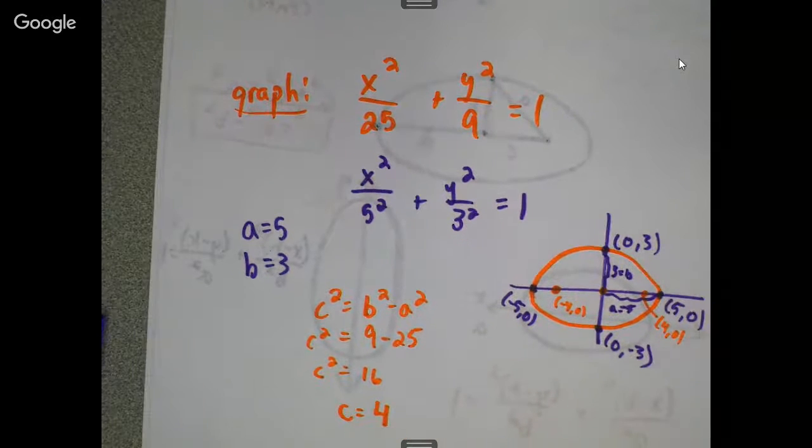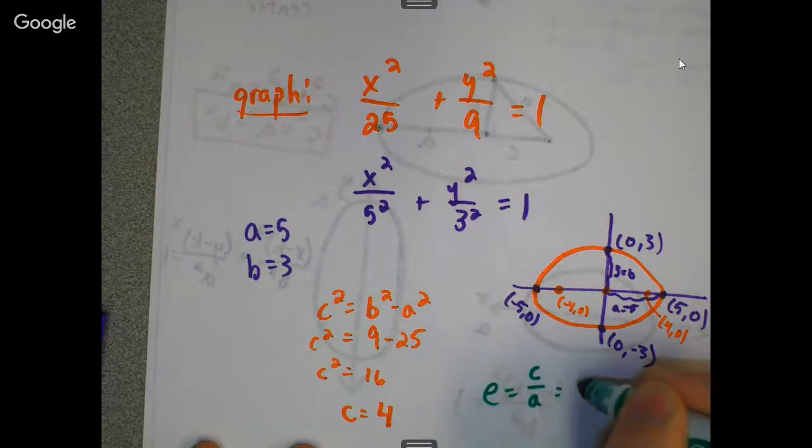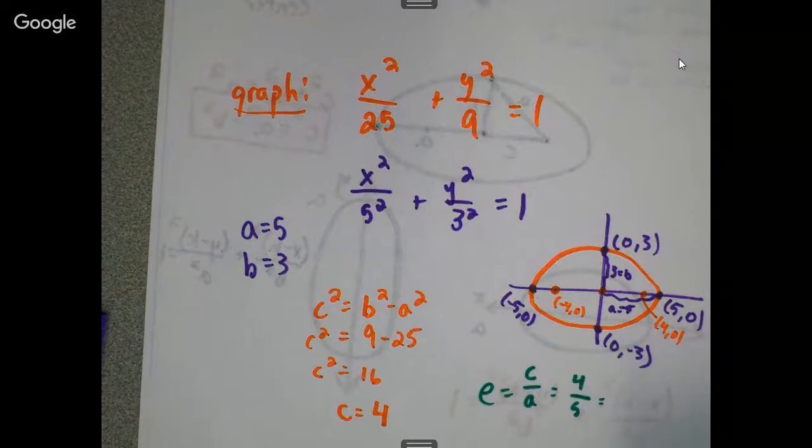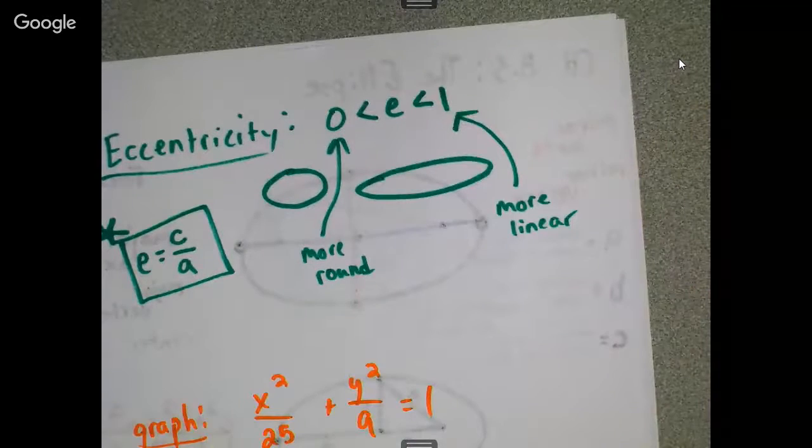So eccentricity, which was the E, so E equals C over A, which is 4 over 5. So 4/5. That's pretty close to 1 here. So we know that this is pretty strung out here.